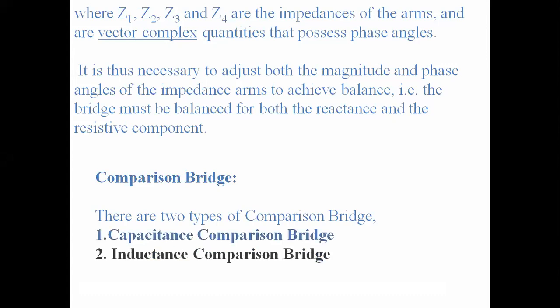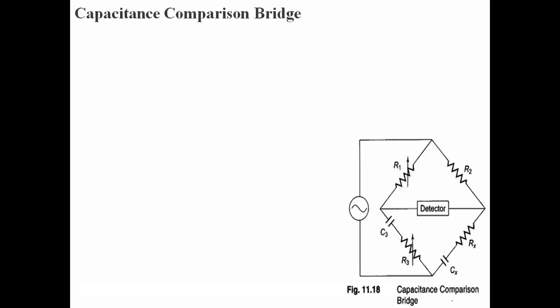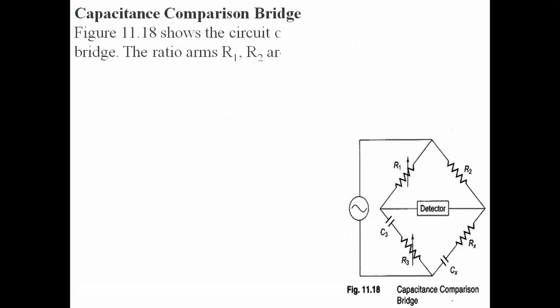Similarly, we have an inductance comparison bridge. In this inductance comparison bridge also, we find the unknown inductance value by comparing with known or standard inductor values. The first one is the capacitance comparison bridge. The figure 11.8 shows the capacitance comparison bridge.